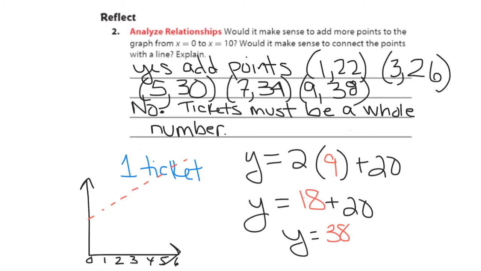None of that stuff will work. So we have to make sure that these points don't touch. Because if I made a line here, that means that everything in between would count. But we can't buy fractional tickets. It's kind of a tricky question. And now you understand a bit more of it when you see it. So now it's easier to understand some things can't be fractional.